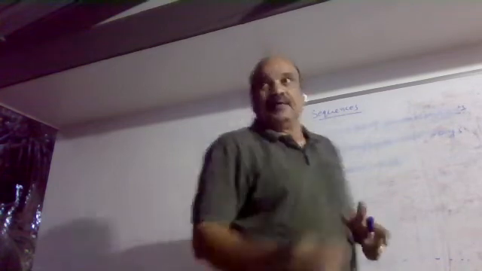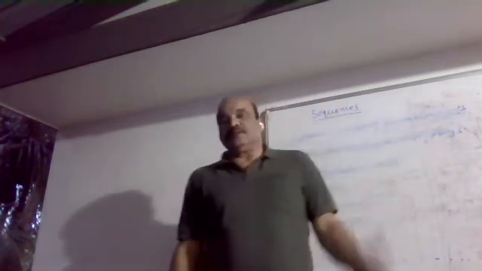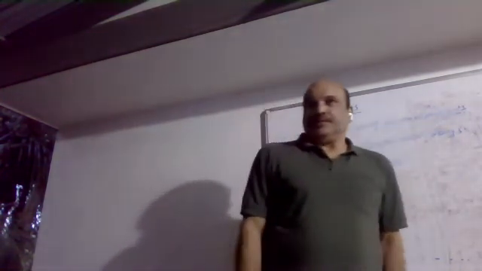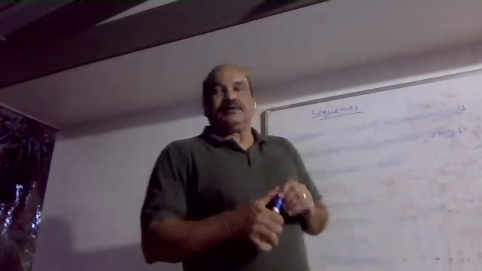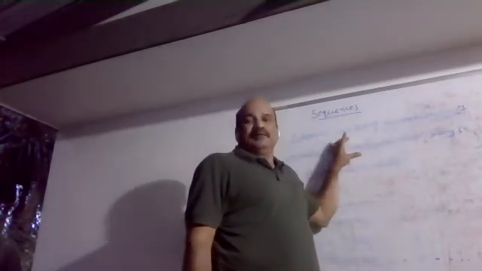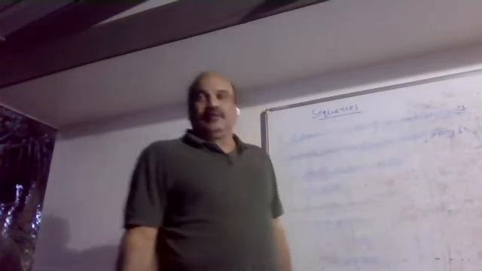I hope you are clear what a sequence is. So what is a sequence now? A sequence is a set of numbers or letters written in order which obeys a mathematical rule.